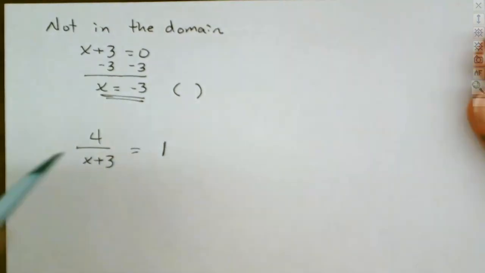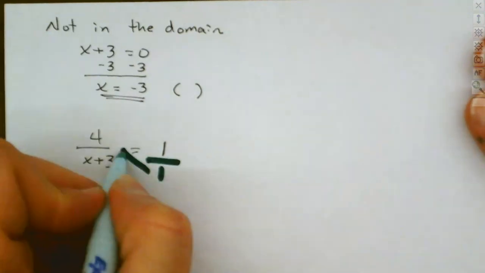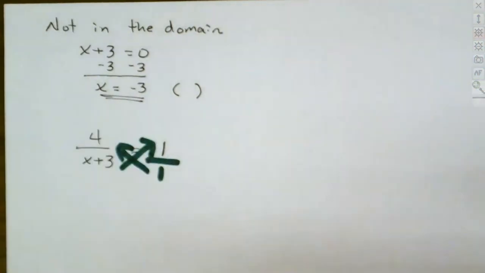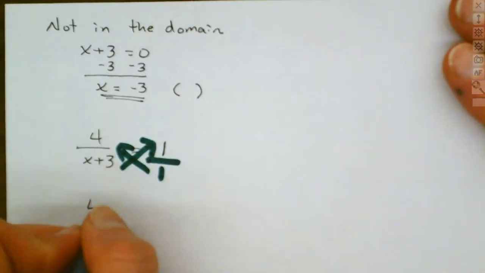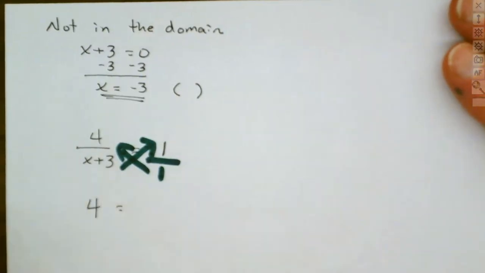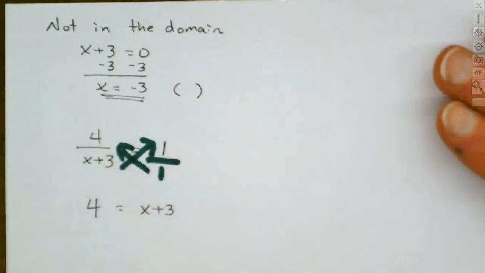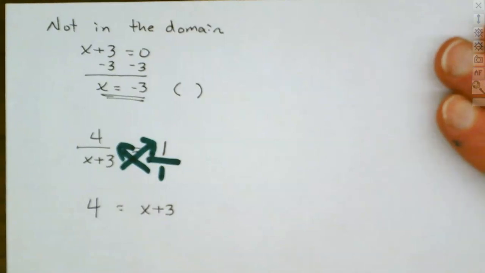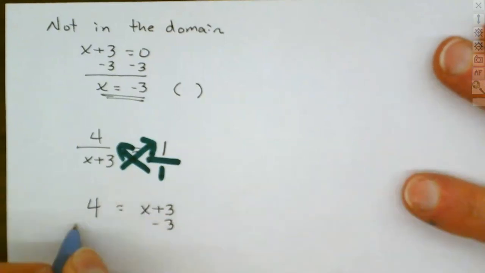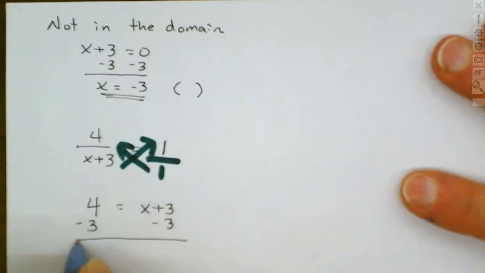So I'm going to make this over 1, and then cross multiply. Cross multiplying gives you 4 equals x plus 3. And we'll move that 3 over. So now we've got x equaling 1.